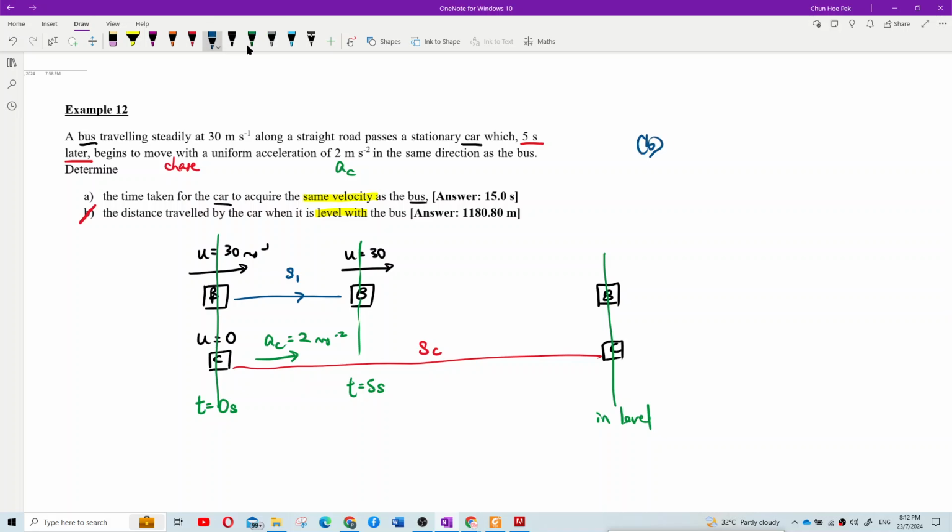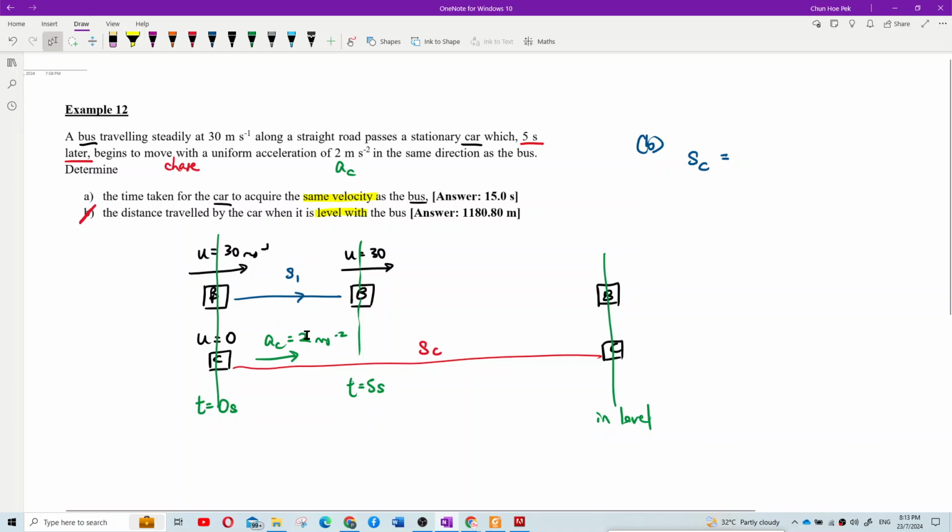So okay, let's do B first. So what I can say is displacement of the car is equal to... that means the car has to travel a longer distance in order to chase the bus. Because the car does not immediately move to chase the bus, the car only moves 5 seconds later.